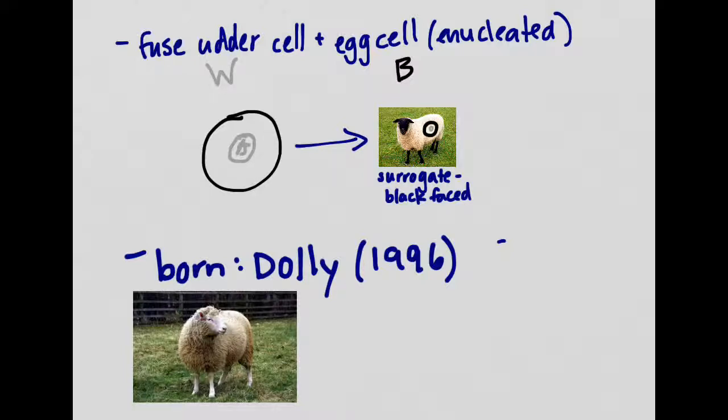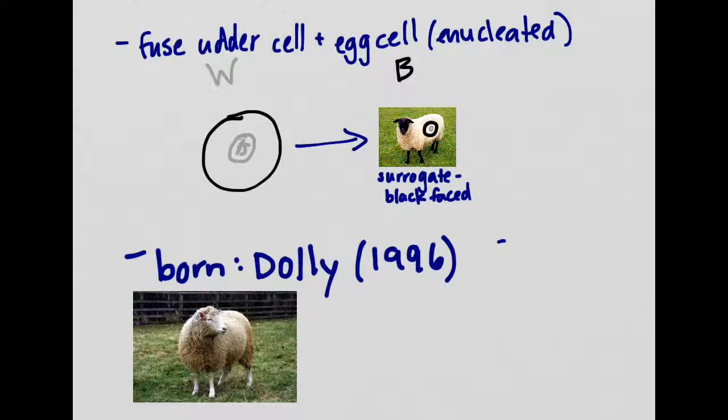Dolly surprisingly actually gave birth to a lamb named Bonnie. She actually produced that baby naturally, and also had twins and triplets. But Dolly, interestingly, developed a whole bunch of diseases. She had lung disease and arthritis, and she died at the age of 6. Some people think that this happened because she was cloned from a sheep that was 6 years old.